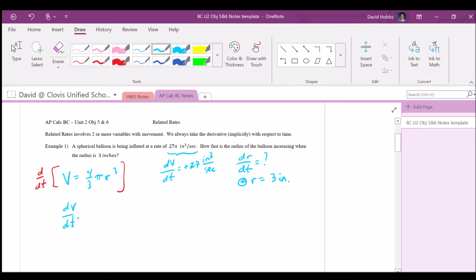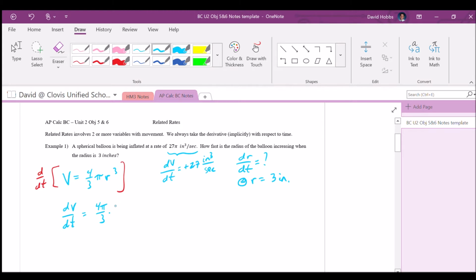By the way, it's very important when we're doing related rates to actually write dV dt, and not just write V prime. It's too easy to mess things up. Now 4/3 pi, that's just a constant, so 4 pi over 3. I'm just going to bring that out in front. So the constant times the derivative of r cubed.